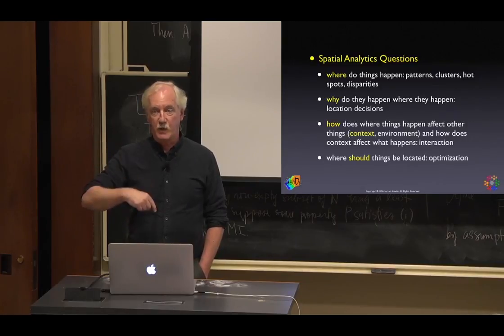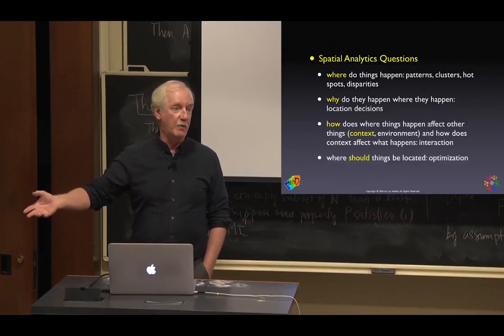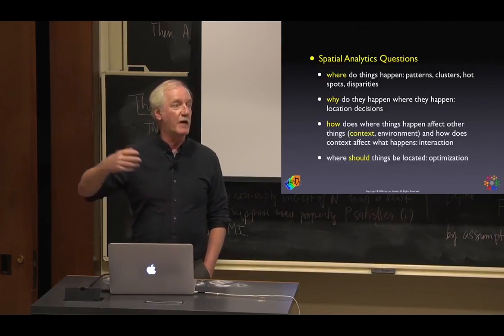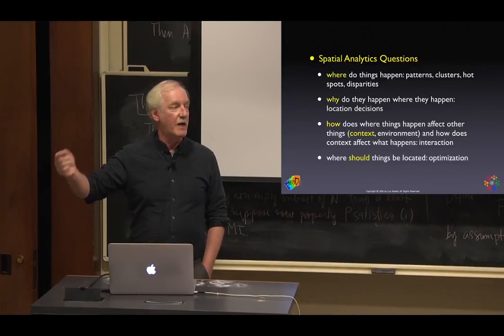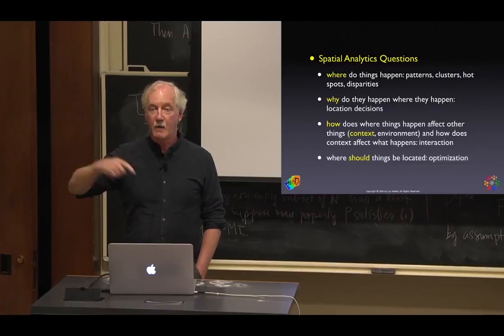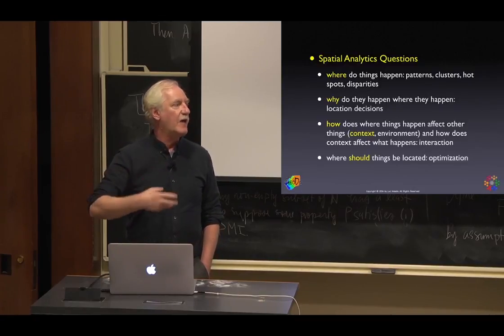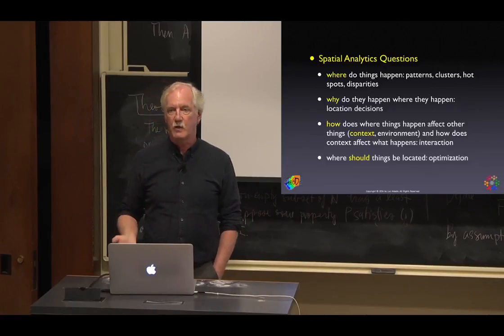The future doesn't predict the past. In space, it goes both ways. As I often say, I am my neighbor's neighbor. So if I influence my neighbor, then my neighbor influences me. So I influence myself through my neighbor. And it's this constant feedback, this simultaneity, that we have to keep in mind when we do spatial analysis.